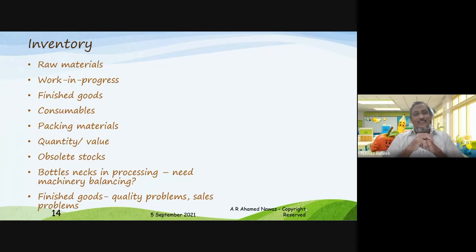This is a tedious job sometimes, but you can do a sample check. In large businesses, you may find stocks are computerized. So you can get a computer printout of the stocks and just sample check one or two items. If the items tally, then you can be satisfied.